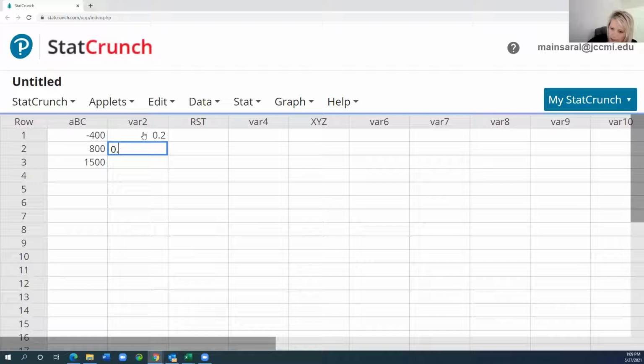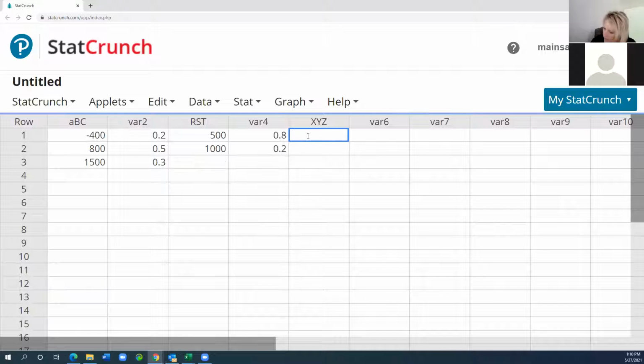And remember, the probabilities have to add up to 1, and they do for ABC. And RST also add up to 1 as well. And then XYZ, they have 4 possible outcomes on this stock. They add up to 1 as well.